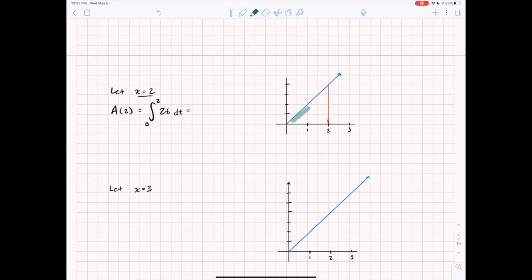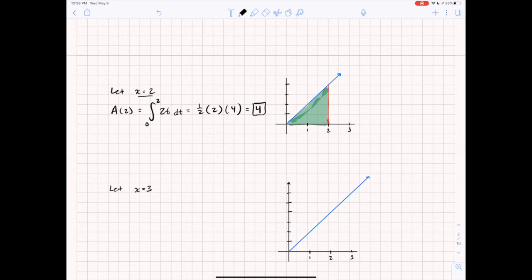And I want to find the area created by the curve and this boundary right here. So that would be 1/2 base times height. So 1/2, my base is 2. The height is 4. Notice that this is essentially whatever my x is, and this is plugging it into the function, so 2 times x, so in this case 2 times 2. And so doing this algebra, I'm going to get 4. So when x is 2, I get an output of 4.